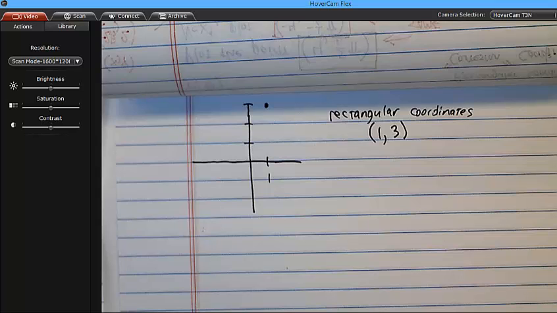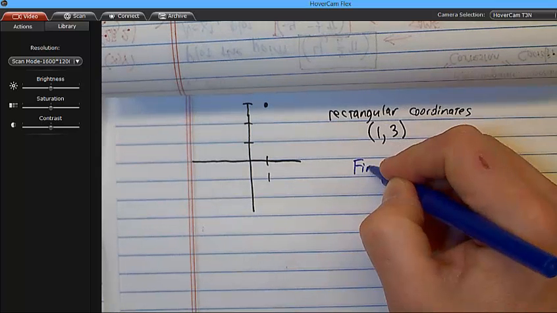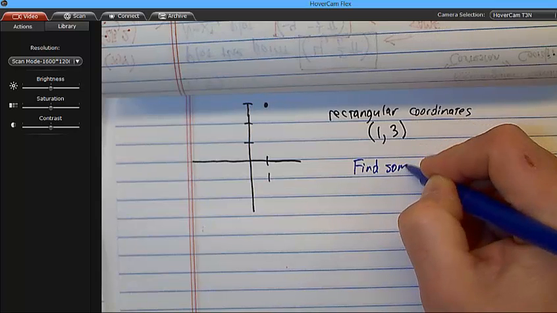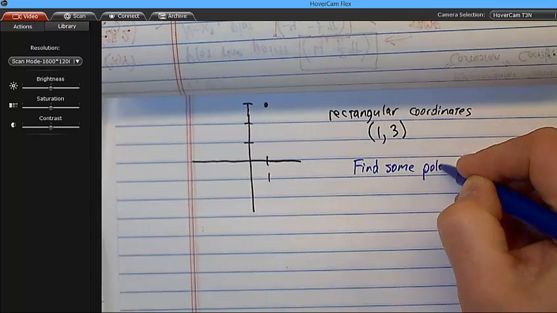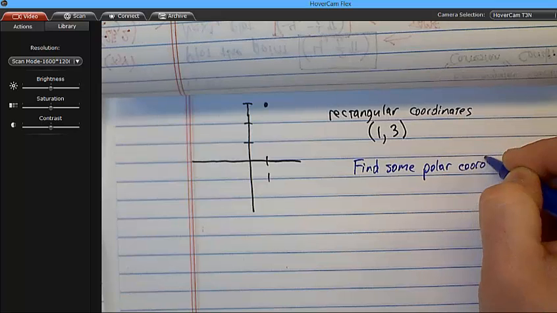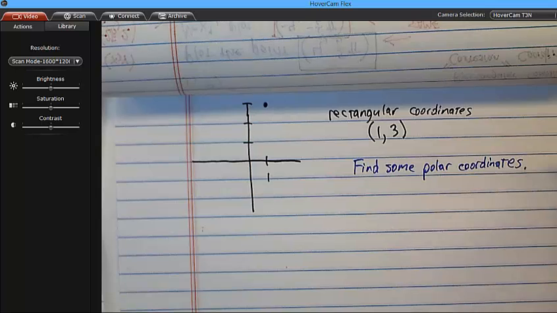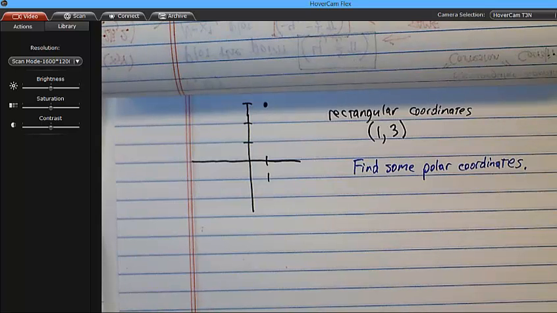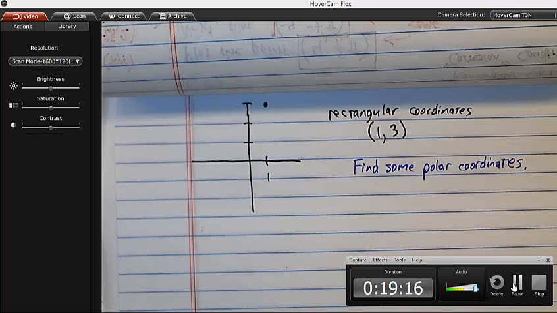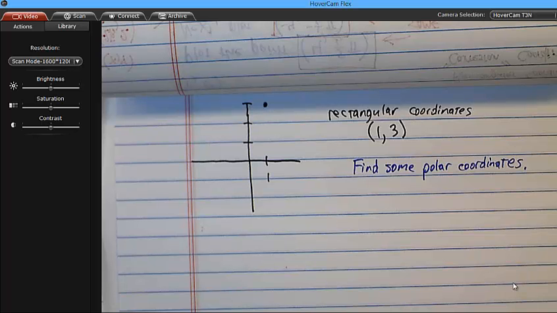And I guess the question might be, hey, let's find some polar coordinates. Hint, use trigonometry. I think I better give you a full minute to talk about this, maybe 90 seconds. Let's see what your group can do. It's a tricky problem.